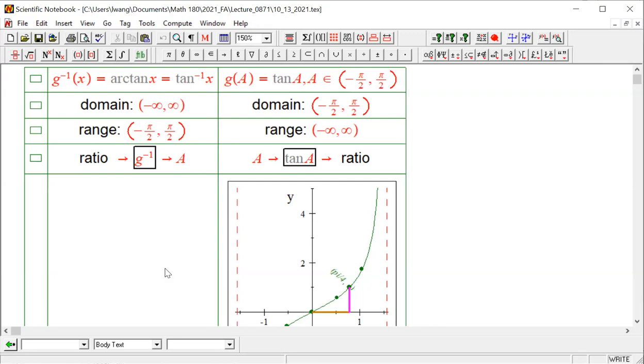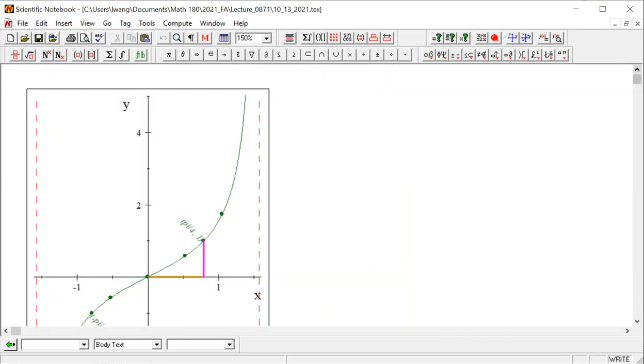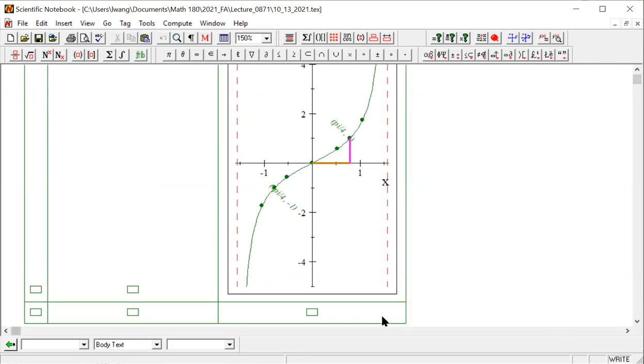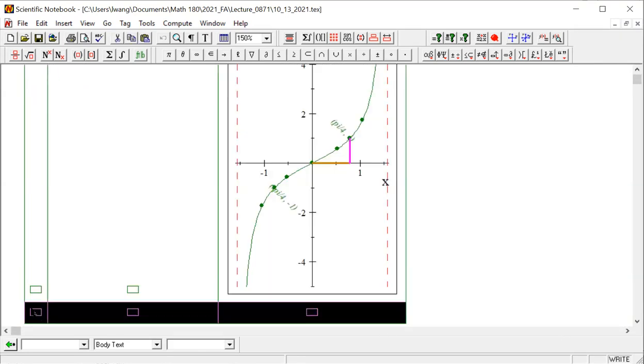Of course, you can get it on your fingertips, but today we're going to construct a table to plot those points.